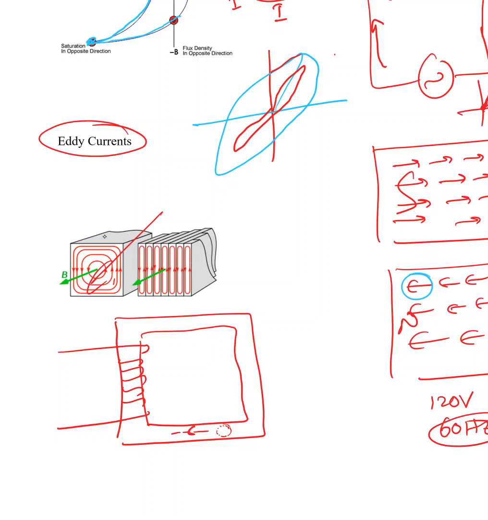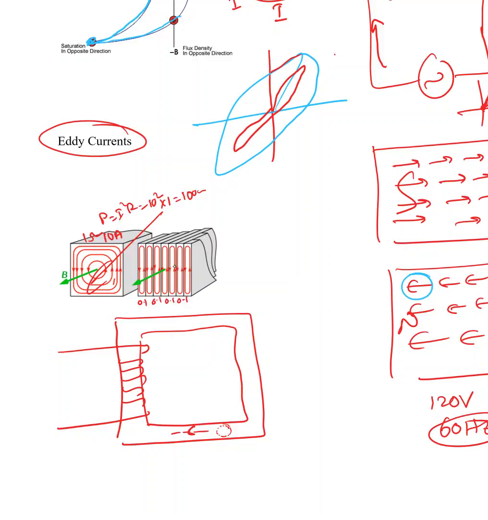Previously, say this is 10 ampere and the resistance here is 1 ohm. What happens to the power losses? P equals I squared times R, which is 10 squared times 1. You will end up with 100 watts of power loss. Now say I reduced this so each resistance is 0.1 ohm.